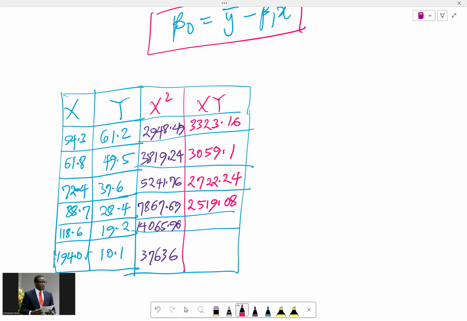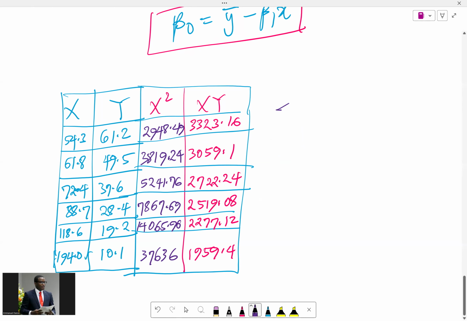That is 2277.12. And lastly, we have 194 times 10.1. That is 1959.4. Now we have everything out there.